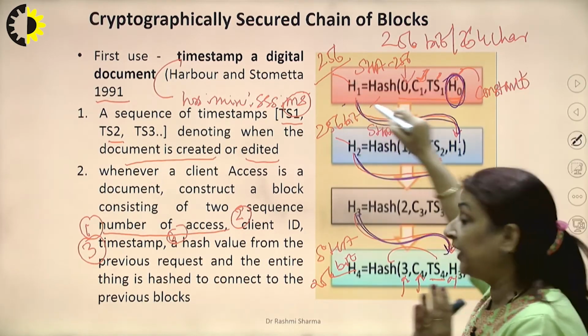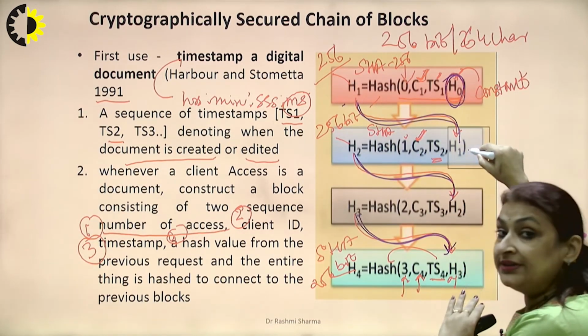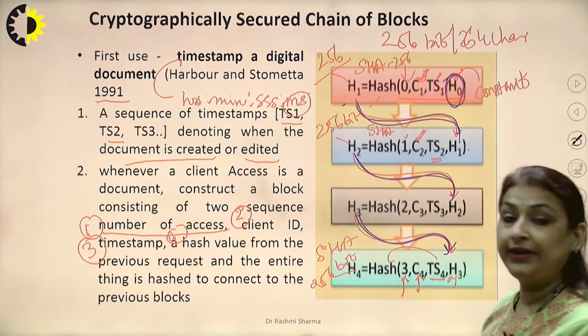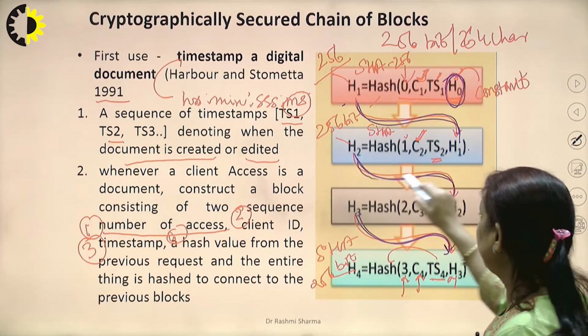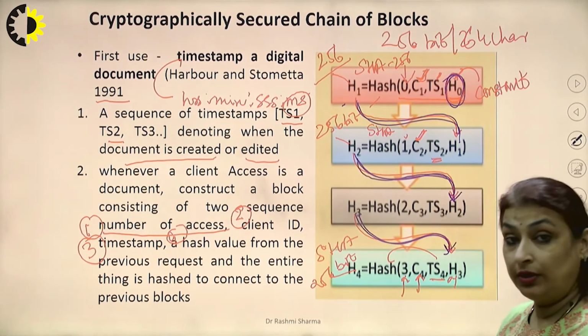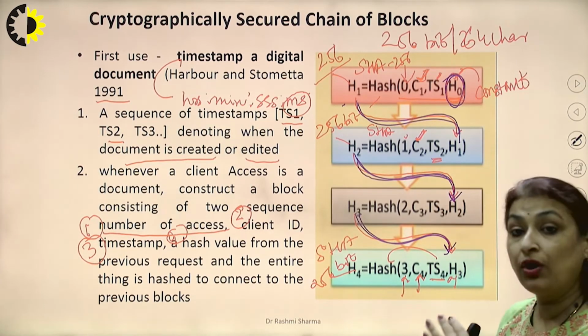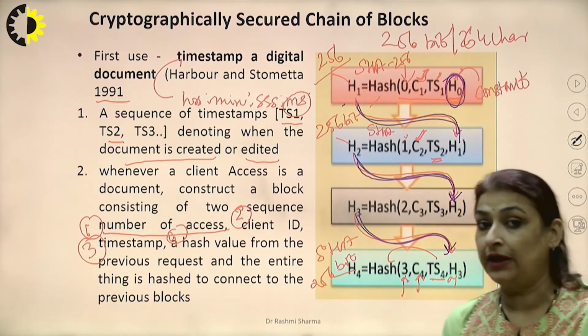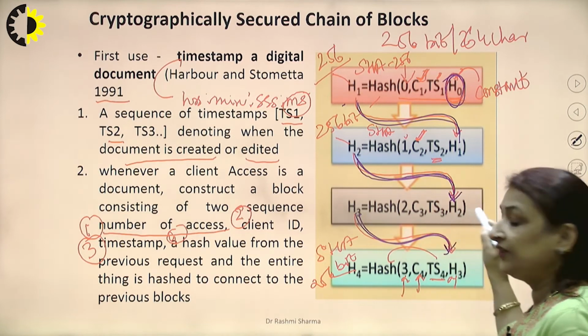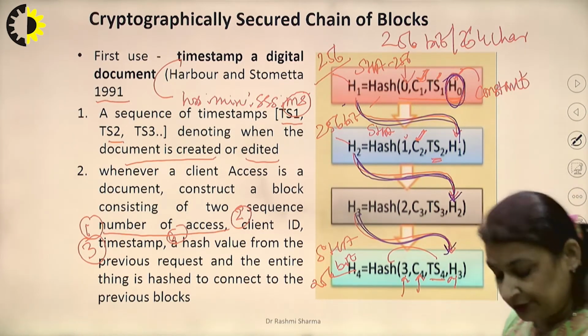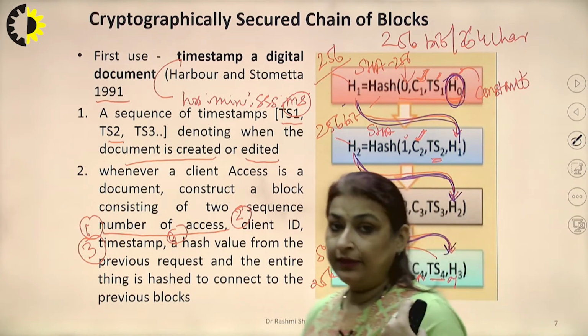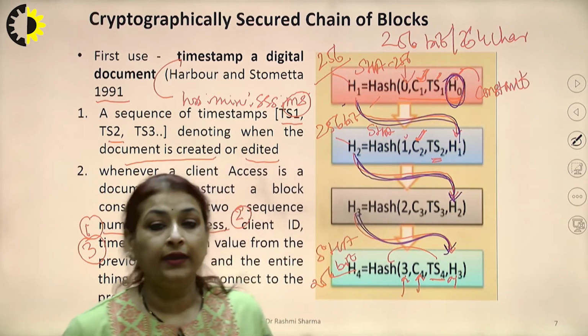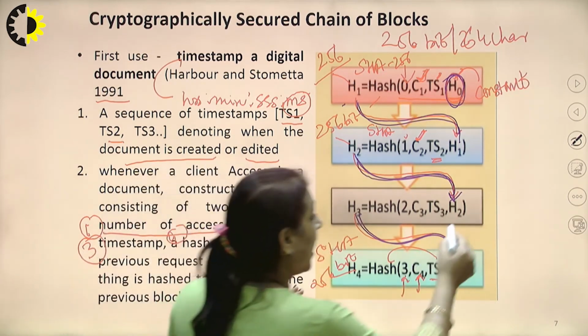Then I am using H1 as an input to the second hash value, and then I am generating H2. Then H2 is used as an input to generate H3, one of the inputs of this particular chain. So in this, we can conclude that we have a hash chain.